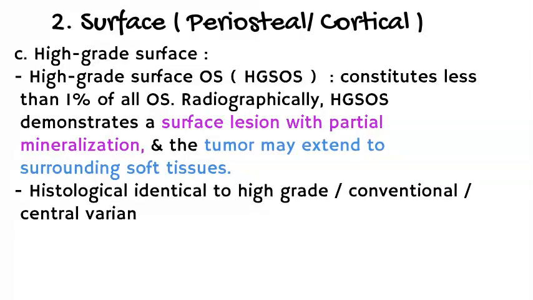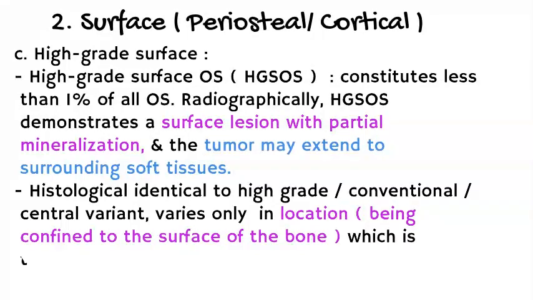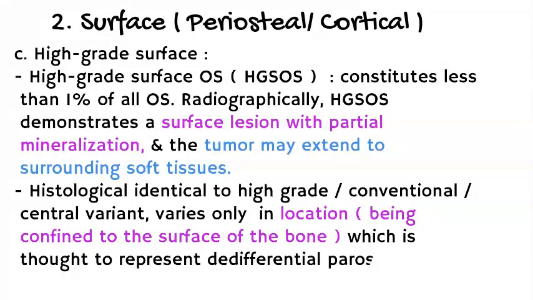Histologically identical to the high-grade, conventional, or central variant, it varies only in location. That means being confined to the surface of the bone, which is thought to represent the differential of parosteal osteosarcoma.